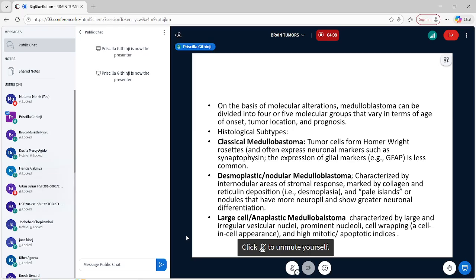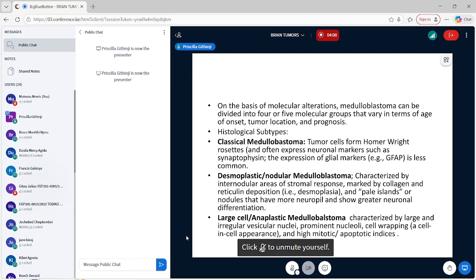Then we have your desmoplastic or nodular medulloblastoma. As the name, nodular, suggests, it is characterized by internodular areas of stromal response marked by collagen and reticulin deposition, that is desmoplasia, with pale islands of nodules that have more neuropil and show greater neuronal differentiation. So you're going to see nodules.